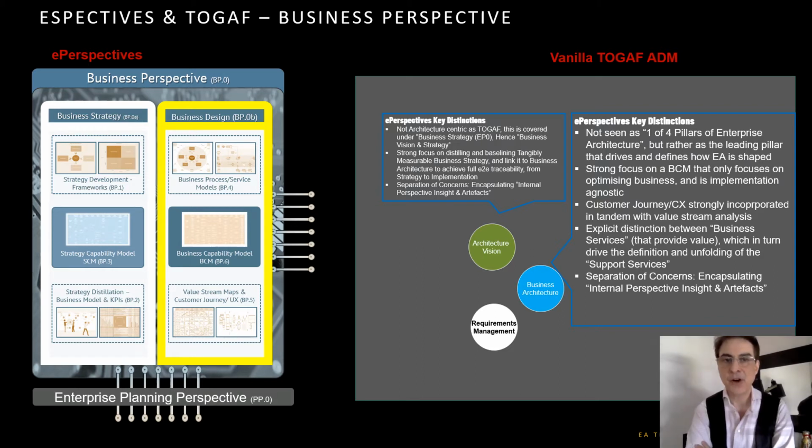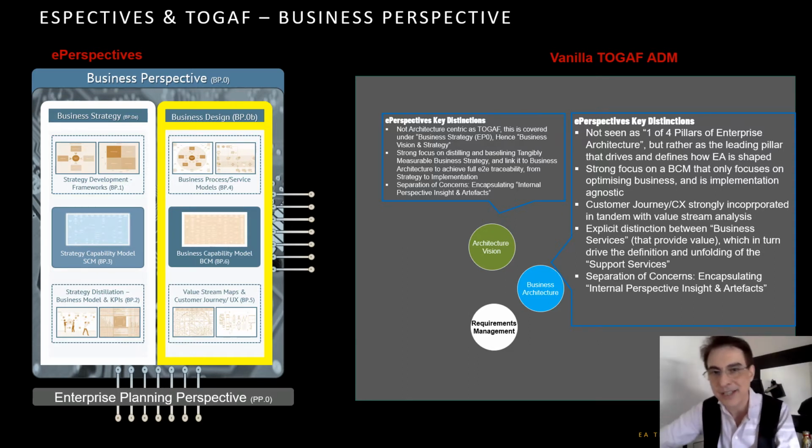The ePerspective methodology always advocates that whatever is internal to a perspective or sub-perspective is none of anybody else's business, and we don't want to bore people with those details. The only thing that matters is the output we provide to the next subsequent perspective or sub-perspective.